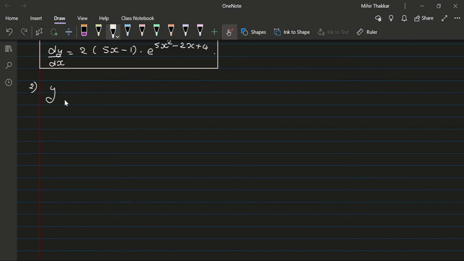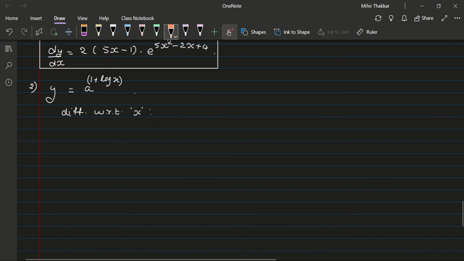It is y is equal to a to the power 1 plus log x. Once again, what we will do is we will differentiate with respect to x, and you can easily guess the power element will be considered as f(x).